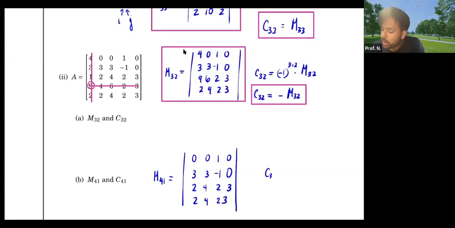And then C41 is -1 to the 4 plus 1 times the minor M41, right? 4 plus 1 is 5. -1 to the 5th power is -1 times M41. So it's just negative.